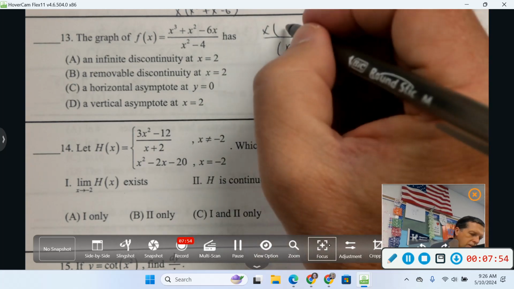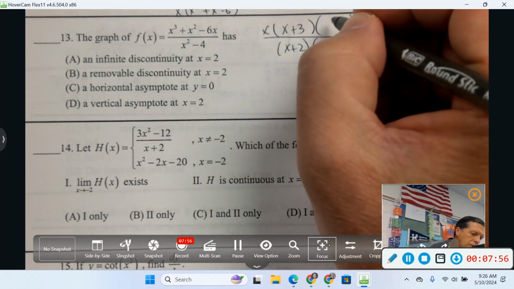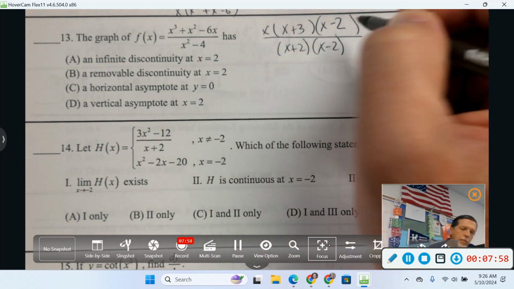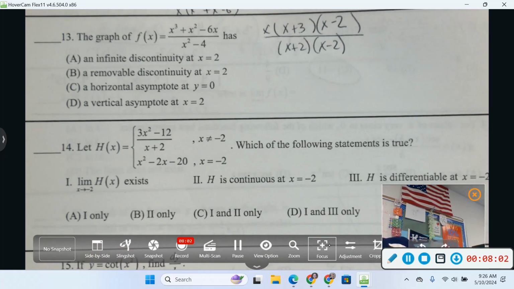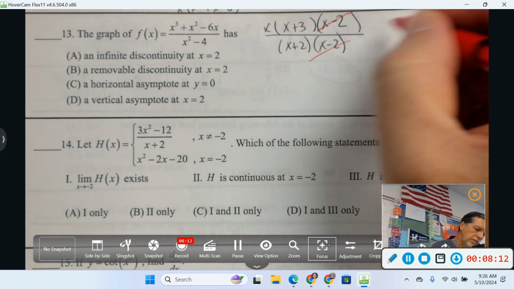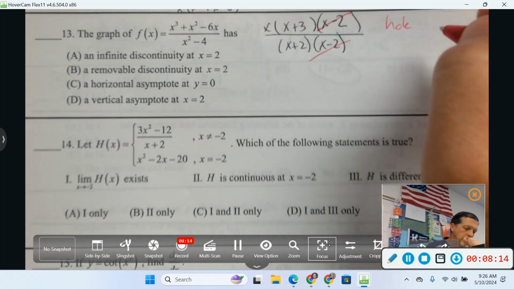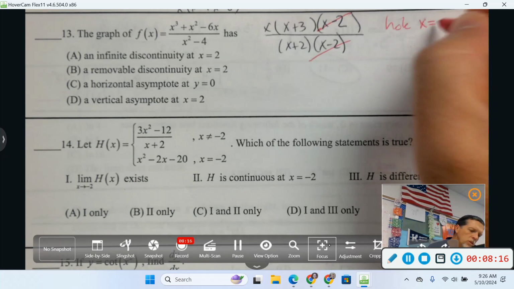So x plus 3 and x minus 2. So the x minus 2's will cancel. Meaning there's a hole at x equals 2.